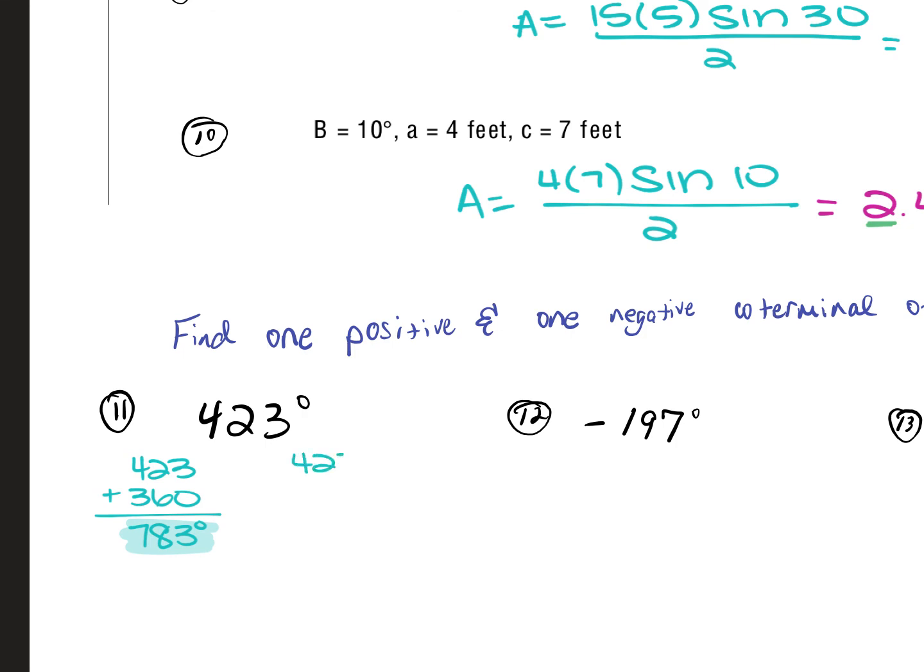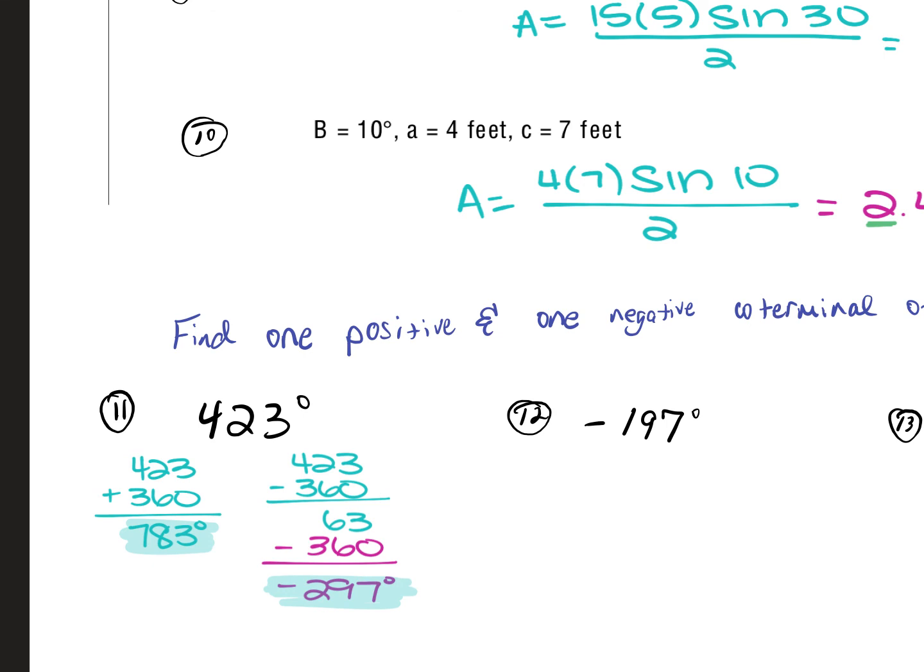So take the 423 and subtract 360 from it until you get a negative number. 423 minus 360 gives us just 63 degrees. So you still have to subtract 360 from that to give yourself that negative 297 degrees that you're looking for. So again, one of these answers should be positive, one of them should be negative.